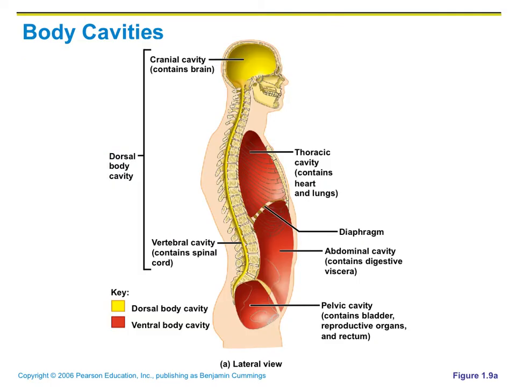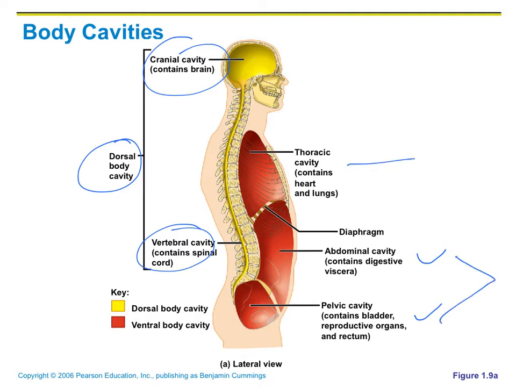So we have some pictures here. Here is your dorsal body cavity subdivided into two subdivisions, and your abdominal pelvic cavity here is already broken down for you into the abdominal and the pelvic cavity. Or I guess this is your ventral cavity, which here's your abdominal pelvic cavity, and then your thoracic.